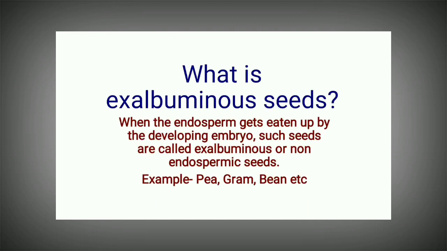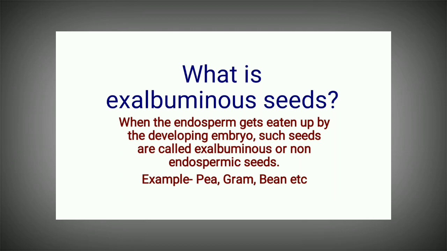And what is an ex-albuminous or non-endospermic seed? These are the seeds where the embryo completely utilizes the endosperm, and here the endosperm is totally eaten up by the developing embryo.